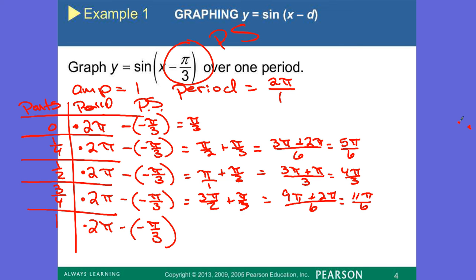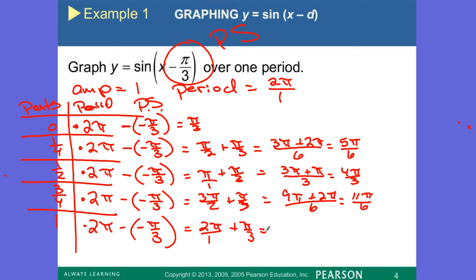Okay, so now let's go ahead with this. So this is going to give me 2 pi plus pi over 3, right? So that 2 pi is over what? There we go.